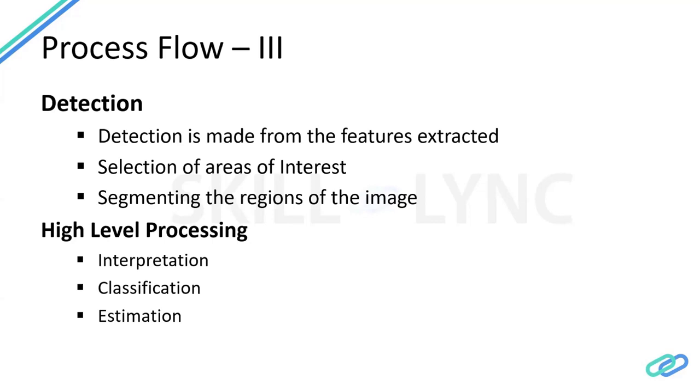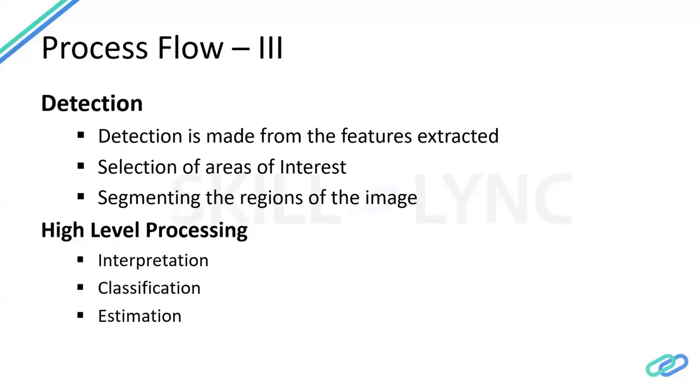On selection of area of interest, you could have multiple areas in an image, but certain areas could be of more importance to us than others. For example, in the image we saw for the vehicle to shift lanes, we saw vehicles coming from the other side. If the camera sees that, that information is not as important as the images of vehicles in the same lane or in the neighboring lane, in the same direction of the traffic flow.